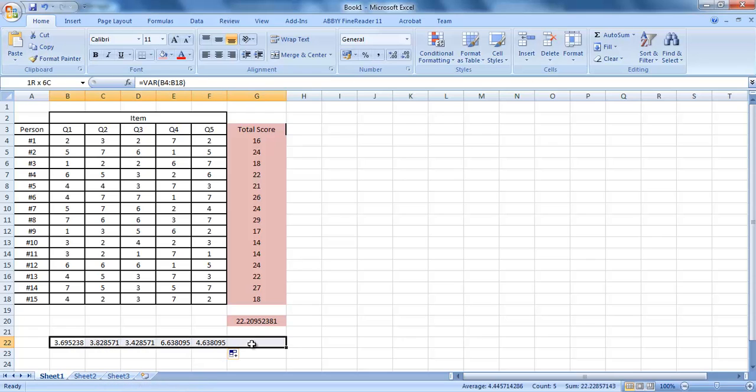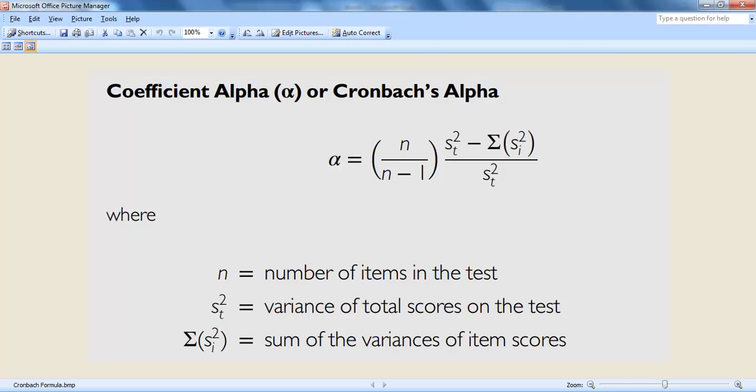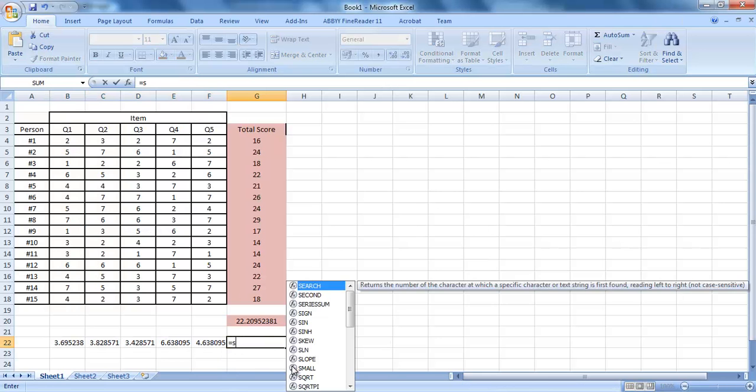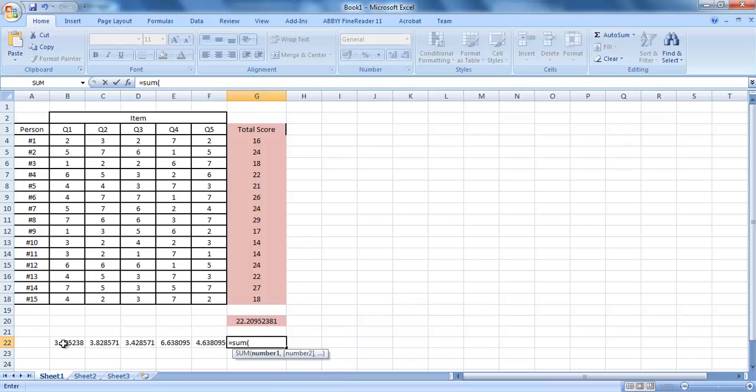Then we need to sum up all of these variances. So let us take a look at the formula. So you have the sigma symbol. So we need to sum up all those variances. So let us do that. So there you go.